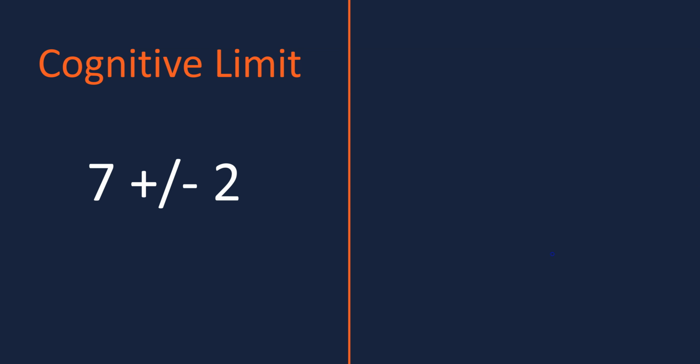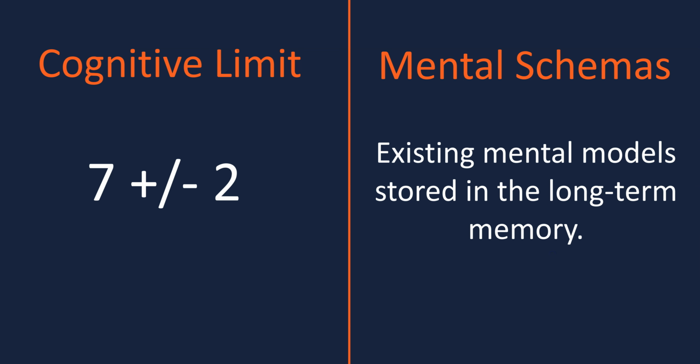Now, the second part of cognitive load theory to understand, which I've touched on a couple of times, is that we define learning as the development of mental schema. You can think of mental schemas like the development of long-term memory mental models. I gave you the example around Australia before.